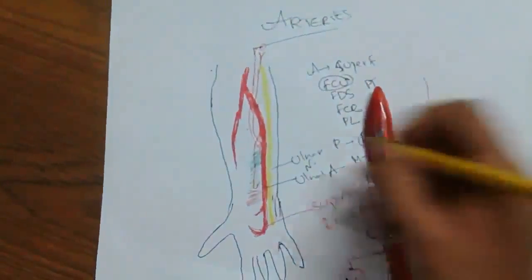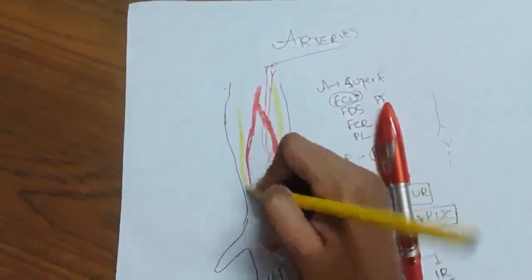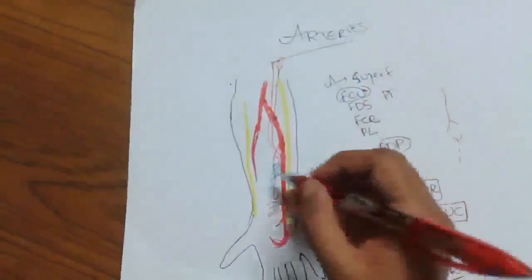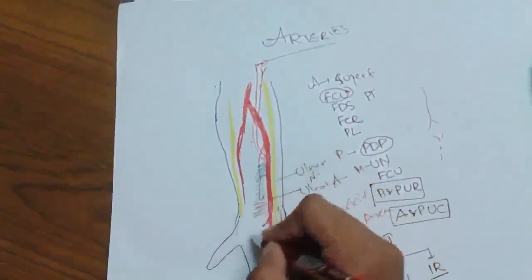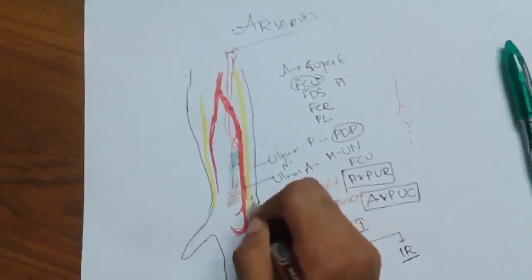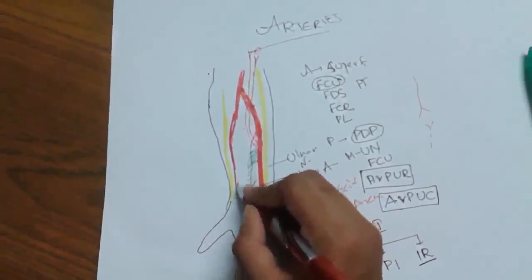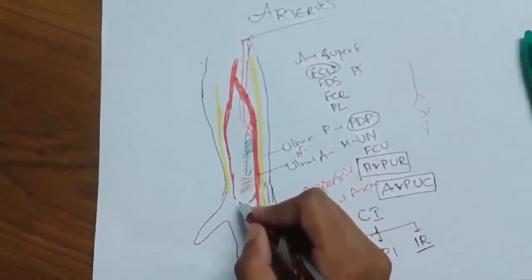See, the radial nerve lies like this, same as the radial artery and ulnar nerve. Then it runs downwards, and it enters the palm by passing behind the flexor retinaculum, and then it gives two branches, the deep branch and the superficial branch.